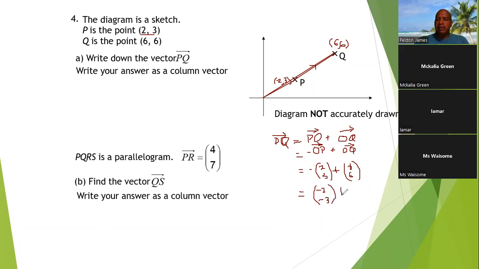Plus, now you're adding that to (6, 6). So you will have (4, 3). Is everybody okay with that?